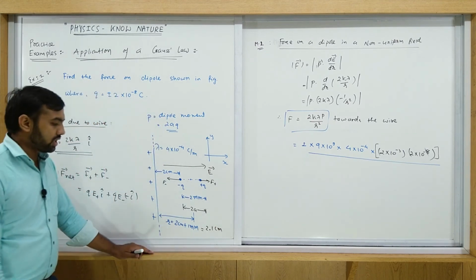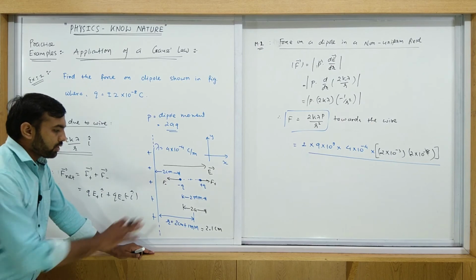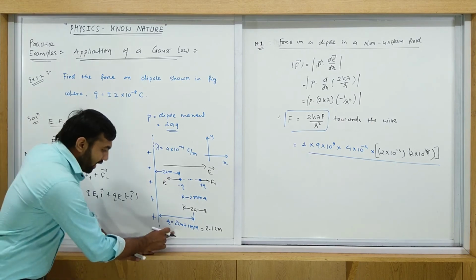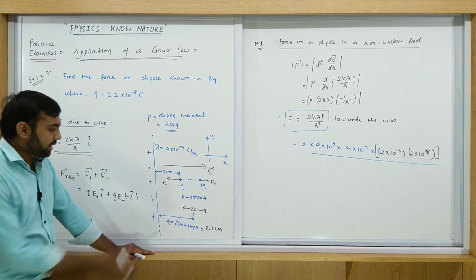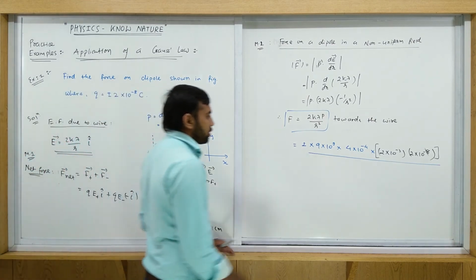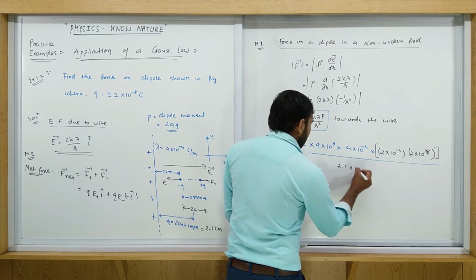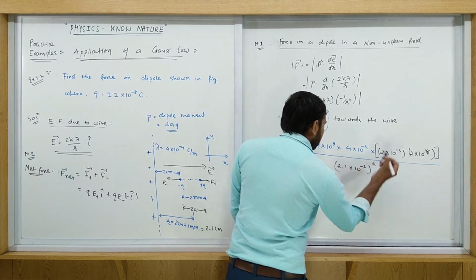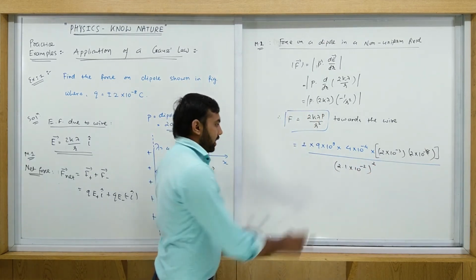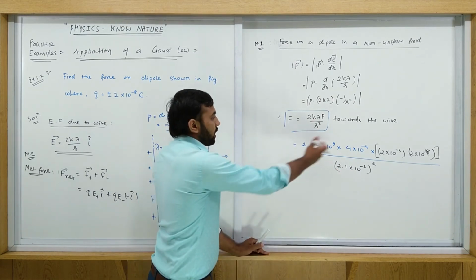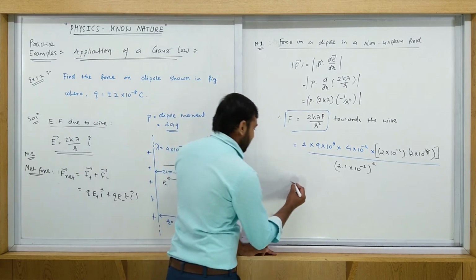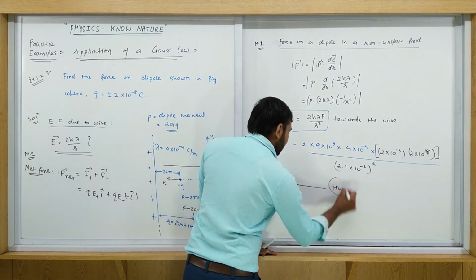If you want an approximate answer, you take approximately 2 centimeter. But right now suppose you put 2.1, so that's 2.1 into 10 raised to minus 2, squared. If you want an approximate answer, take 2 only, so it will cancel and your answer will come. So you just calculate this answer in homework.